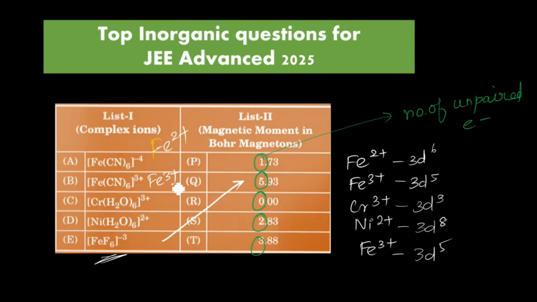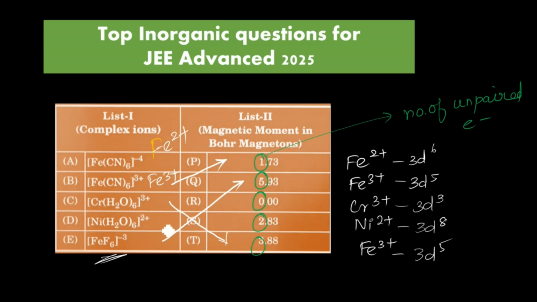So this goes here, and 3 electrons in chromic aqua, that is a neutral ligand, so 3 electrons as such, which will go here, correct?